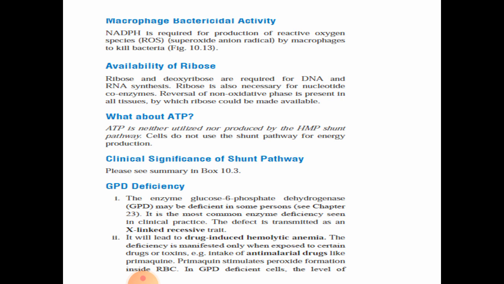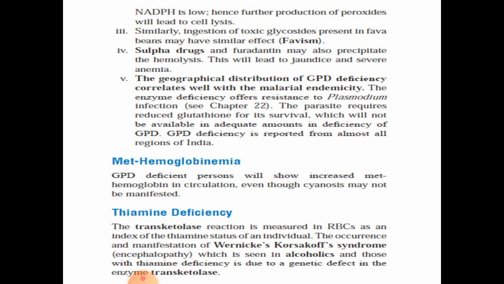For example, when we take antimalarial drugs, they stimulate peroxide formation inside the RBC, which leads to lysis of the RBC. In a G6PD-deficient cell, the level of NADPH would be very low, and hence further production of peroxide will lead to RBC lysis.